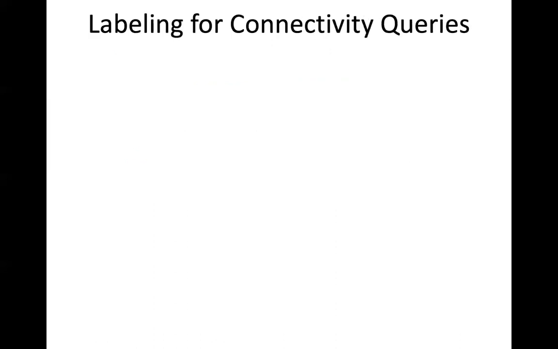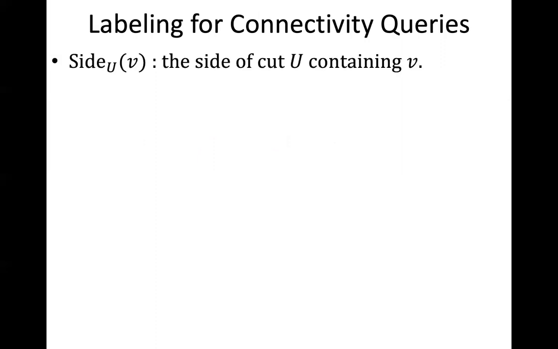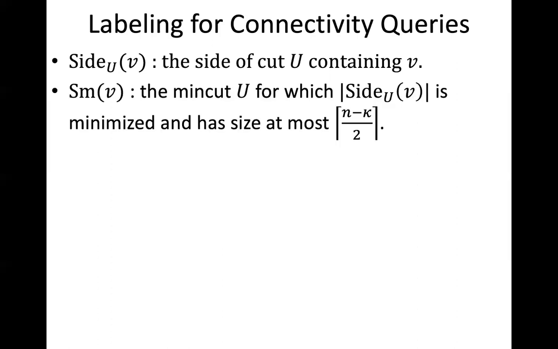So how do we apply this to some new area? The application that we come up with is labeling vertices to answer connectivity queries. So let's introduce a little notation for this. When you remove a cut, it disconnects the graph into connected components called sides, and we'll let side(v) be the side of this cut containing v.